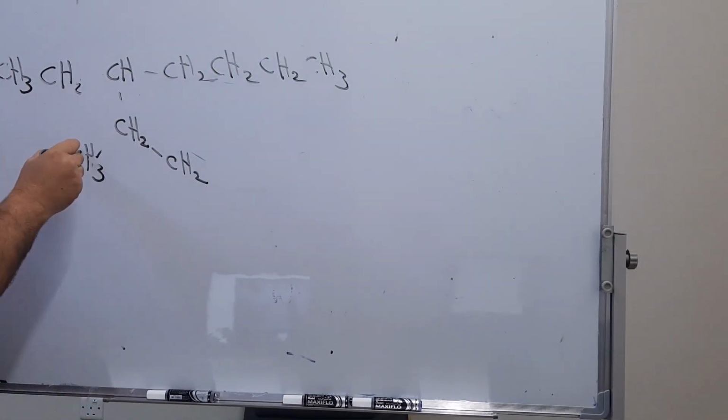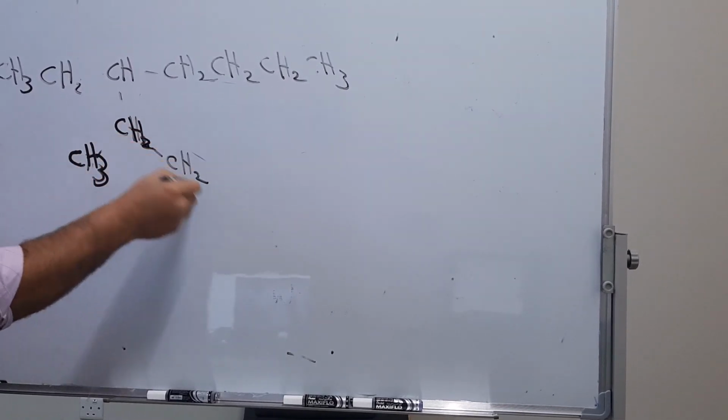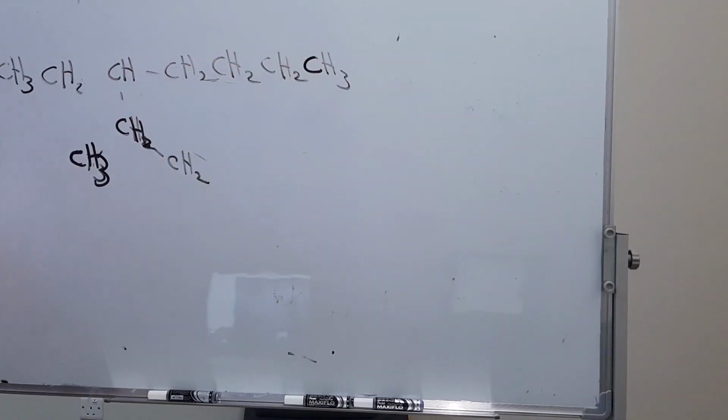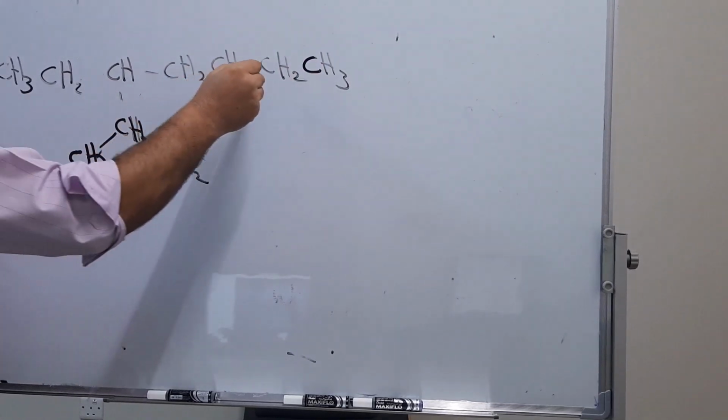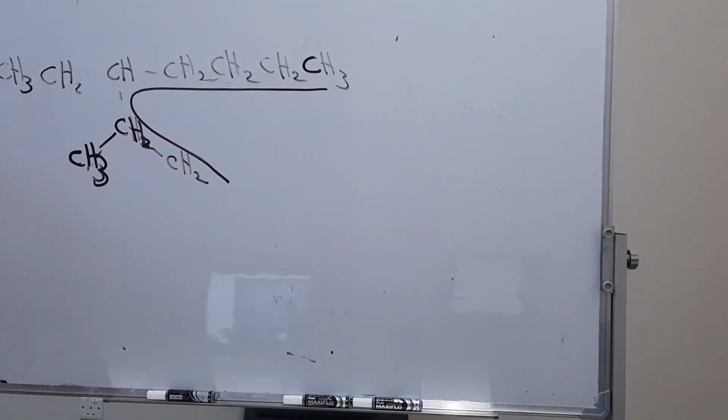So I'm just redrawing it to make it more clear. So we have CH3 here, CH2, CH2, CH, CH2, CH3. All right, so we have decided that this is the longest chain of the compound.